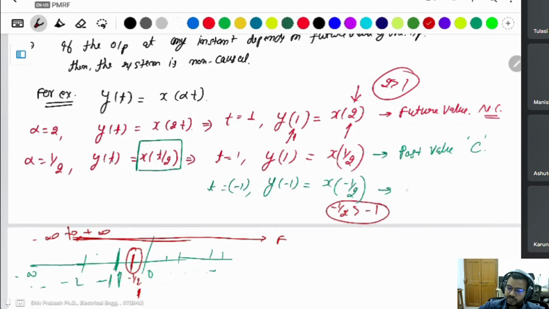That's why the system uses a future value, and it will be non-causal. Overall, you can say the system is non-causal. You can't say that system is causal. At any instant of time, if it depends on the future value, the system will be non-causal.